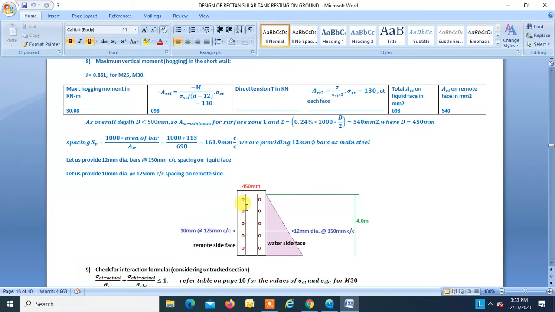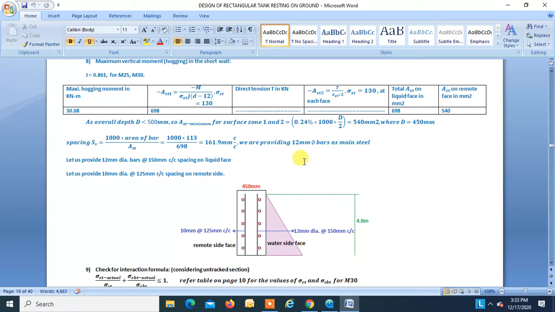So this is a very important point. You have to check this for both short wall and long wall. You have to provide this steel according to the maximum that is required for the moment that we get from the analysis, but it should not be less than the AST minimum.